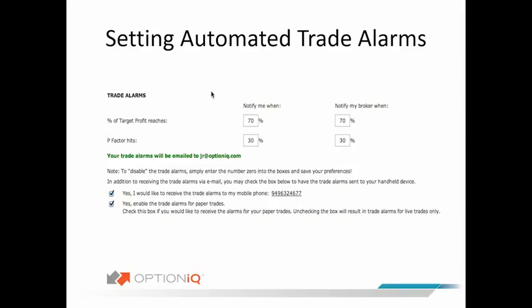If that's the case, you would simply come in here and change this number to whatever you want, and it will send you, again, an email or a text message. Down here below, you have the option of selecting one or the other, and it'll give you the information or allow you to set up the alert the way you want. You could also notify a broker, depending on the brokerage firm you use. So that is how you set up the automated trade alarms.